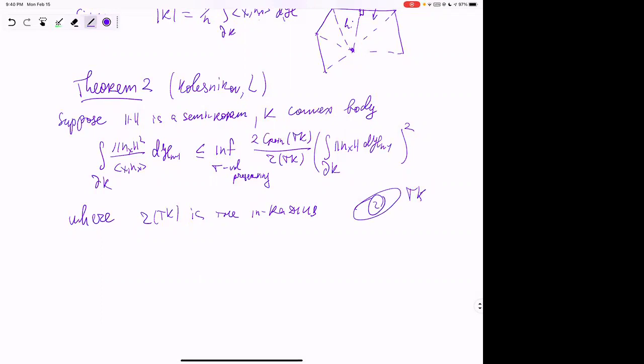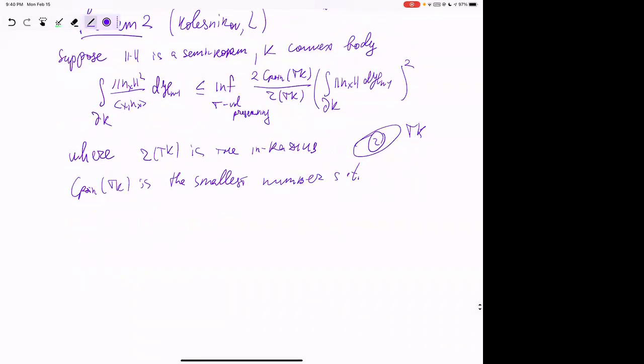And the Poincare constant is the smallest number such that for any, roughly speaking, admissible function, you have the average integral of f squared minus the square of the average integral of f is smaller than or equal to c Poincare squared times the integral of the gradient squared.